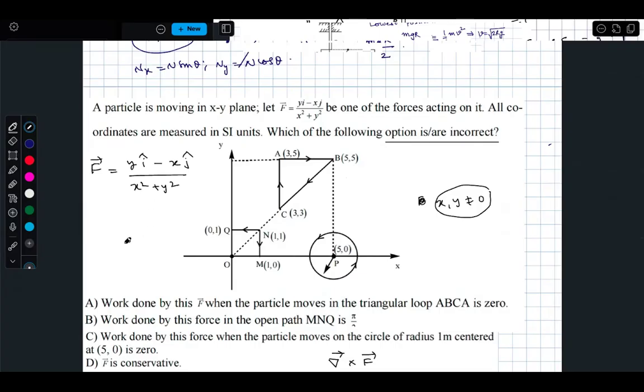The magnitude of this is proportional to 1 by r actually.